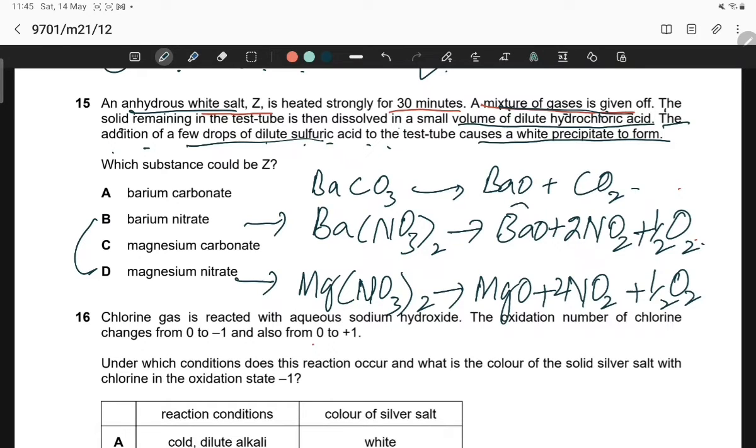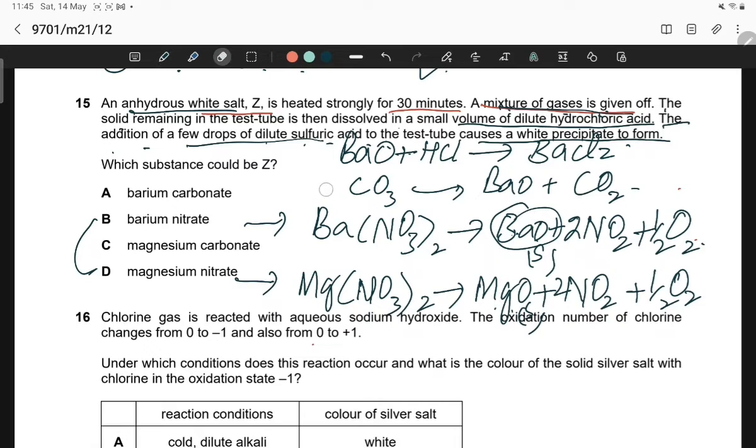Next, the acid additions. When we add hydrochloric acid to the residue, in both cases a soluble salt is formed, barium chloride and magnesium chloride. Then the addition of a few drops of dilute sulfuric acid: if we add HCl to barium oxide, we form BaCl2, barium chloride, plus water.